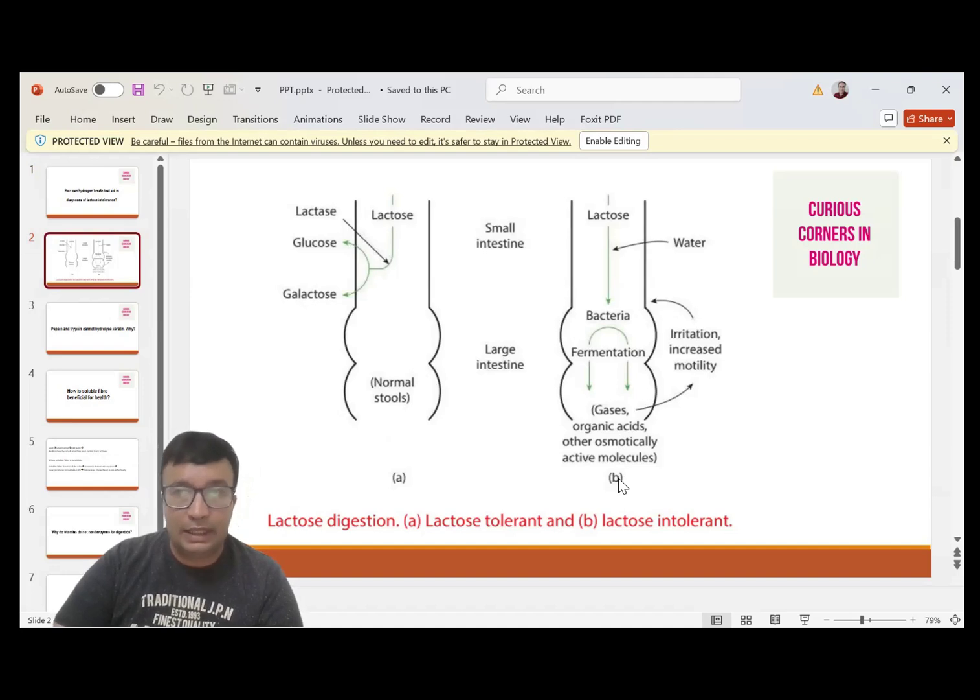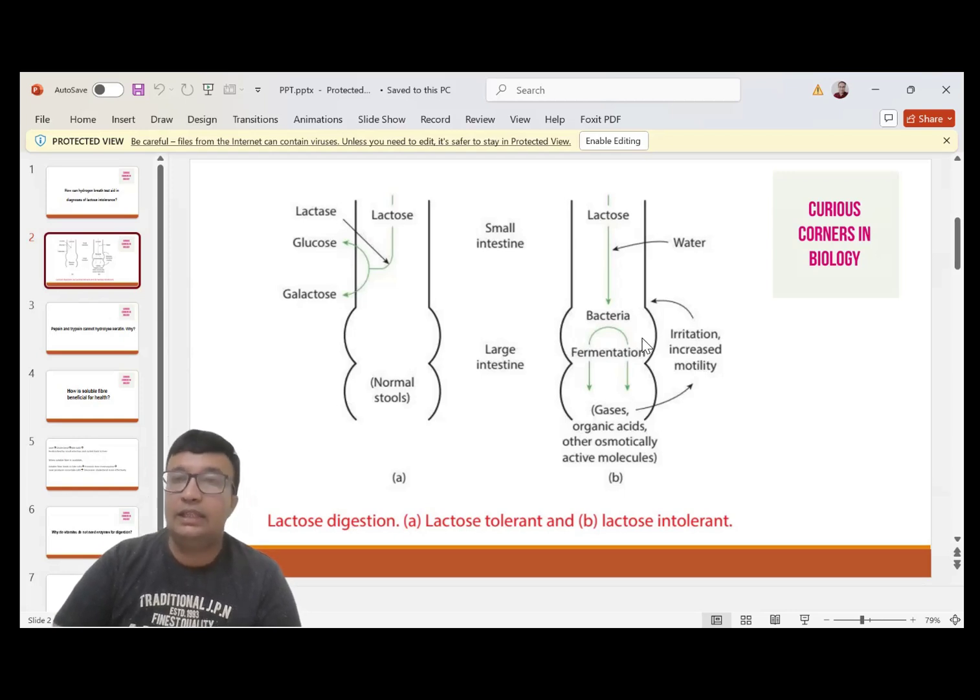But when a person is lactose intolerant, we know that lactase is deficient. So lactose will not be digested into glucose and galactose in a lactose intolerant person. Bacteria would ferment the lactose.